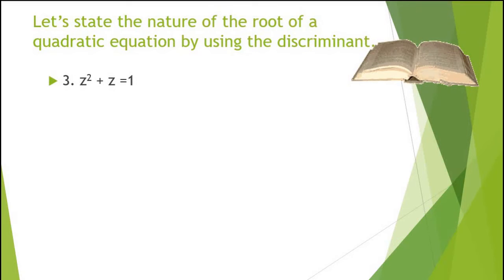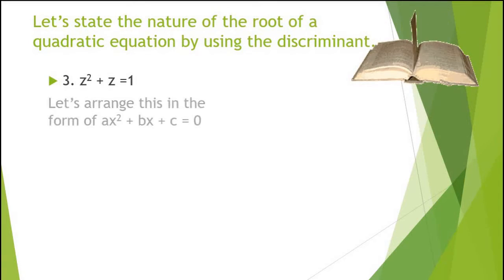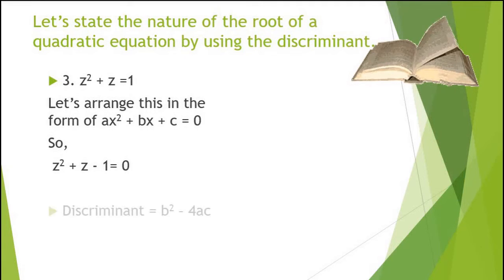For number 3, z squared plus z is equal to 1. Let's arrange this in the form of ax squared plus bx plus c is equal to 0. So, z squared plus z minus 1 is equal to 0. The discriminant formula is b squared minus 4ac. So, a is equal to 1, b is equal to 1, and c is equal to negative 1.